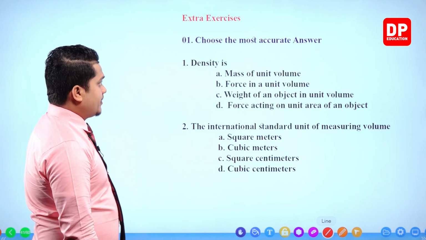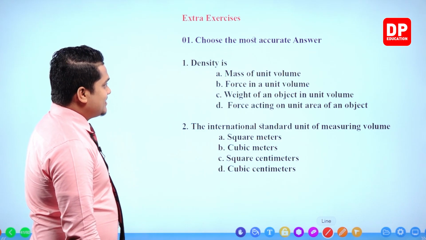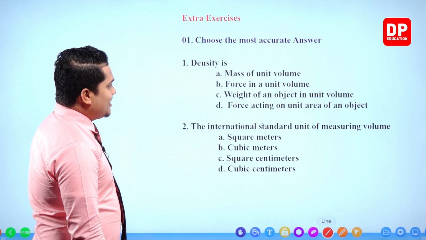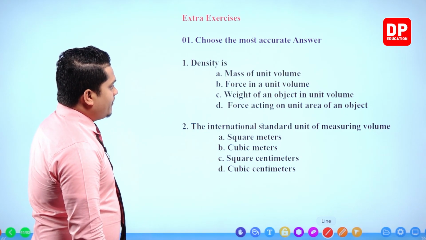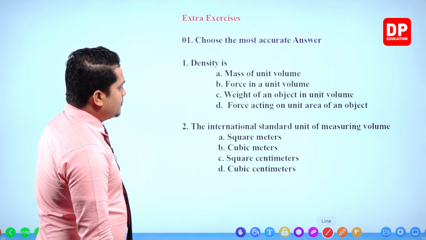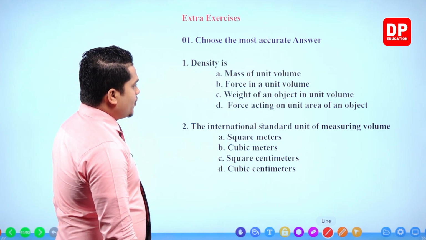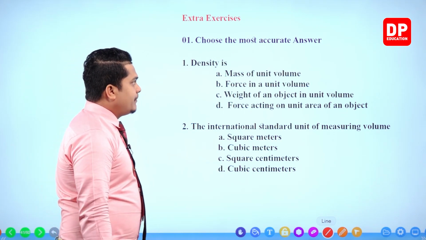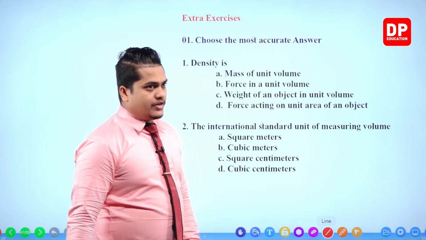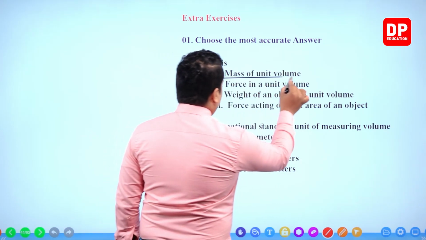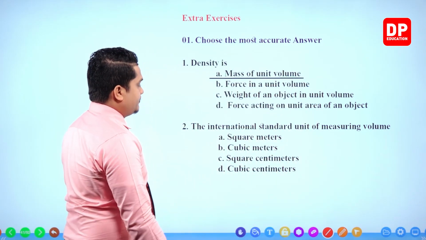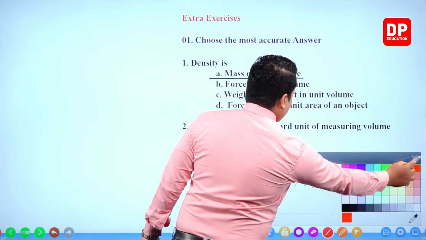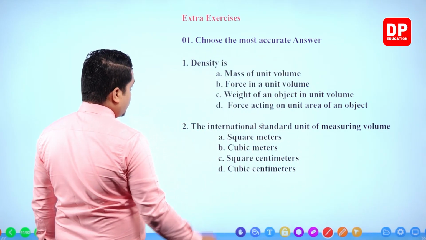Question number 1, density is mass of unit volume, force in a unit volume, weight of an object in unit volume, force acting on unit area of an object. So you know that it's very simple. Density is the mass of unit volume. So answer would be mass of unit volume, right? Mass of unit volume is the density, my dear children.